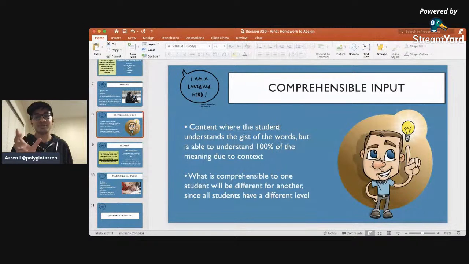But what happens when you consume content like that is your brain, the subconscious part of your brain, starts to actually identify the meaning of certain words. Like I was watching a TED Talk on YouTube in Mandarin, because I'm also learning Mandarin and have been for a long time now.